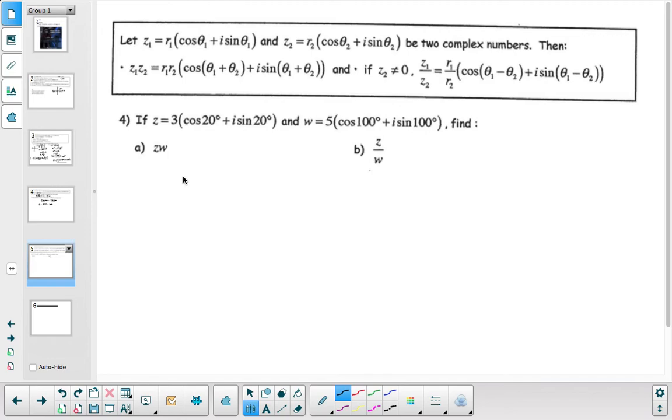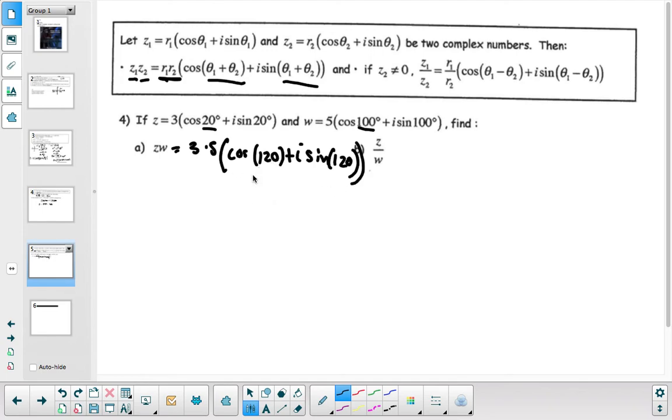So it's a little bit trite when I say that it's easier, because you wouldn't naturally do this with the multiplication at least. But z times w, you take the two things you're multiplying, you're going to take their radii and multiply those, and then you're also going to add the angles together. So z times w is equal to 3 times 5 cosine, adding the angles, so 100 plus 20 is 120, plus i sine also 120.